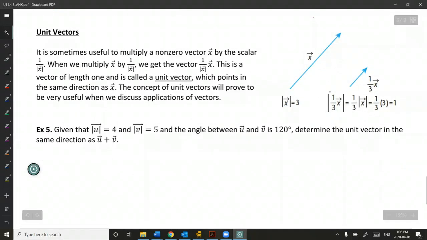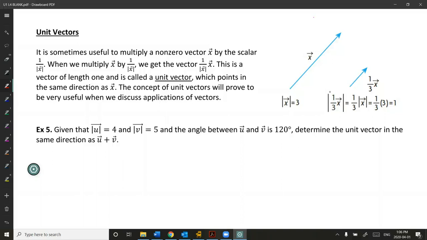All right, the last part of our lesson is explaining what a unit vector is, and then we're going to do one last example. So if we take any non-zero vector, let's say vector x, and multiply it by the scalar 1 divided by its own magnitude, we're going to get the vector that has the scalar 1 over the magnitude of vector x times vector x.